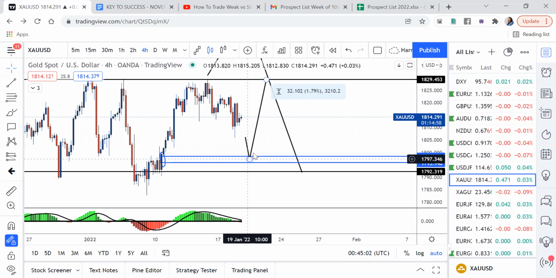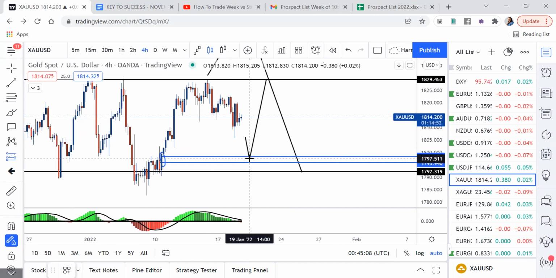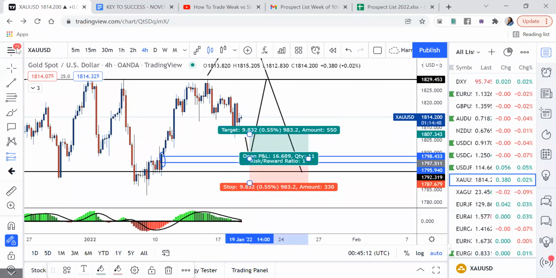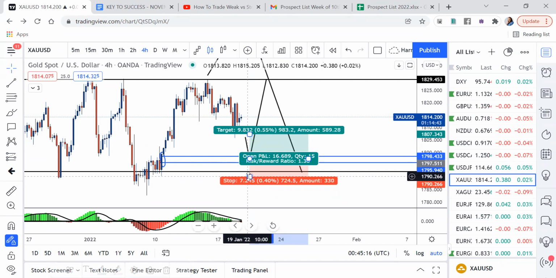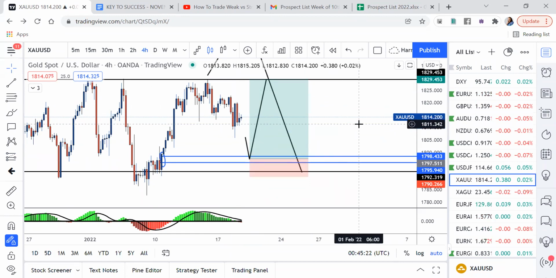Right? But not right now. I wouldn't set a limit order on it right now. I would just hold on and see what we get around 8 o'clock, 9 o'clock tomorrow. That's Atlantic time. Right? But this is the setup.